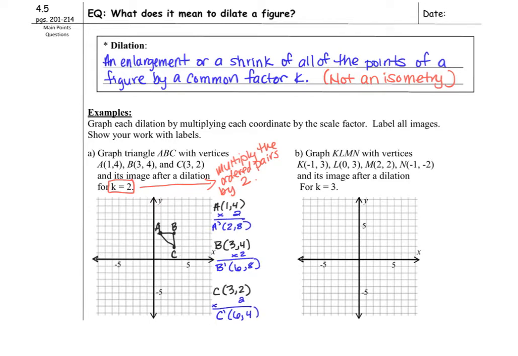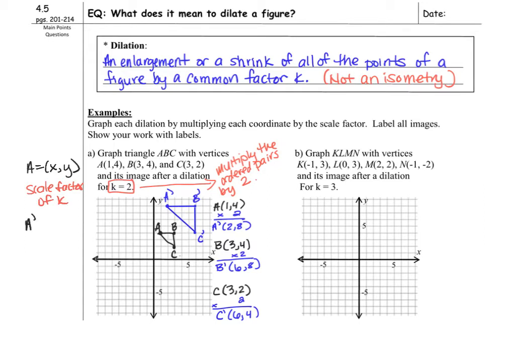Go ahead and plot the points for the image onto the graph. Notice this new image is twice as big as the original image. To apply a scale factor, you have your original coordinates and then your scale factor of k is applied through multiplication.